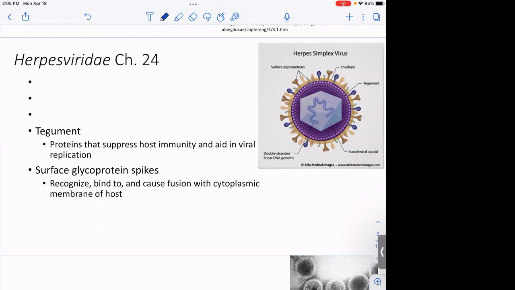Okay, so Herpesviridae, like I said, is a big family of viruses, but they all have a few things in common. They are enveloped, as you can see from the little graphic there to the right. They have an icosahedral capsid.